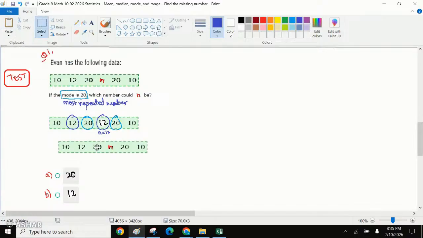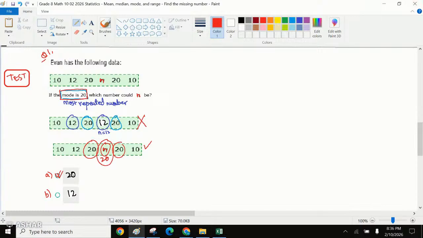But if n is taken as 20, then there is only one number that is repeated the maximum number of times. That means the mode stays as 20. So 12 was not possible, and 20 is possible. That means option A is the correct answer, right? Okay, do we agree?